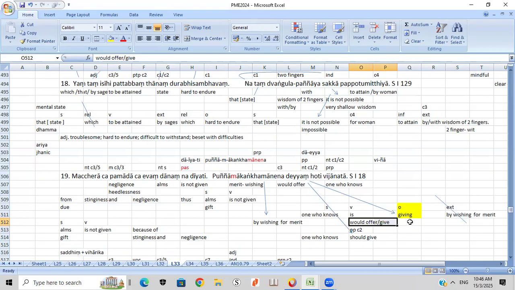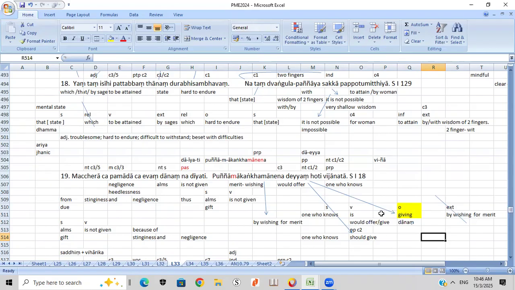Offer what? Offer dana in this case. Offer danang. But then you look at this sentence, by wishing for marriage.